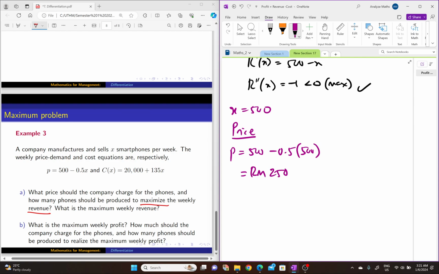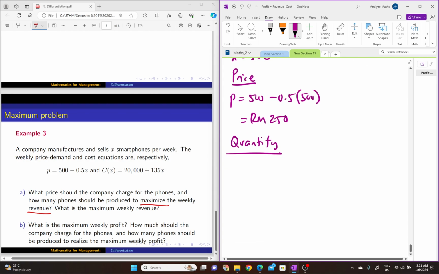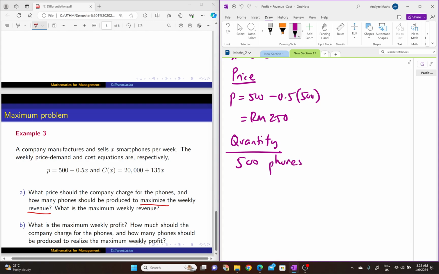Then what else do they want? How many phones? We know this one, this is the quantity, how many phones: 500 phones.